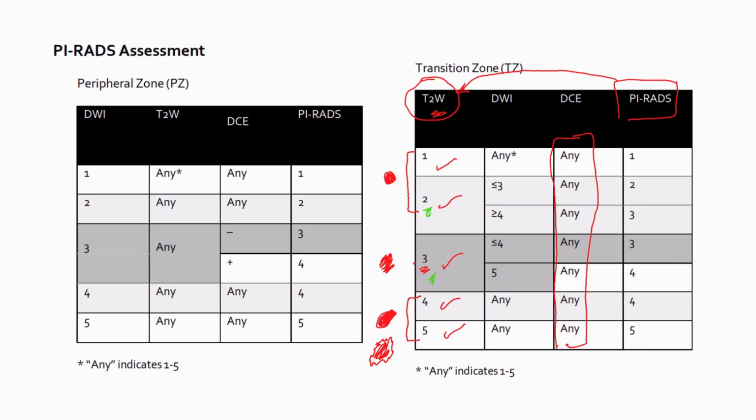For example, with T2 score 2, if the diffusion is less than or equal to 3, it is RADS 2; more than or equal to 4, RADS 3. If we have T2 score 3, according to the diffusion, if it is less than or equal to 4, RADS 3; if it is 5, RADS 4. We will discuss all of these in detail now.